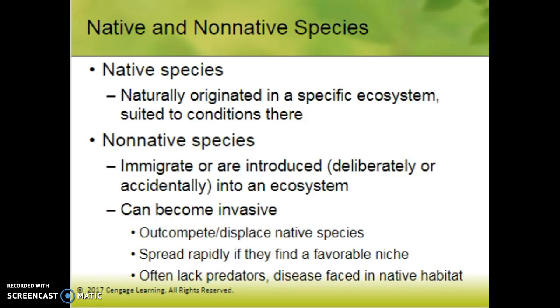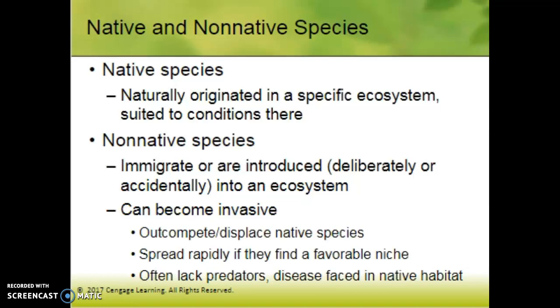Piggybacking off of this is the idea of invasive species and non-native species. We'll talk more about this later in the week. But essentially, it's, are you from here or did you move into here? Invasive species you see down at the bottom are really dangerous because they outcompete and displace native species. They outcompete them because they have no predators, like it says at the bottom.